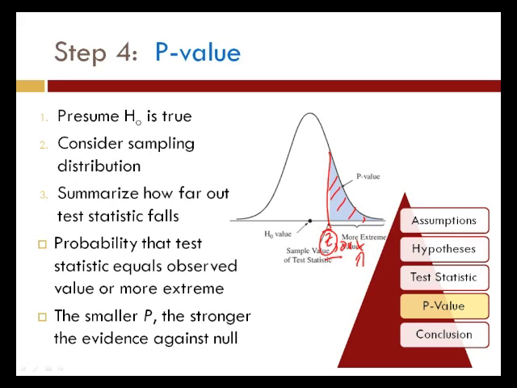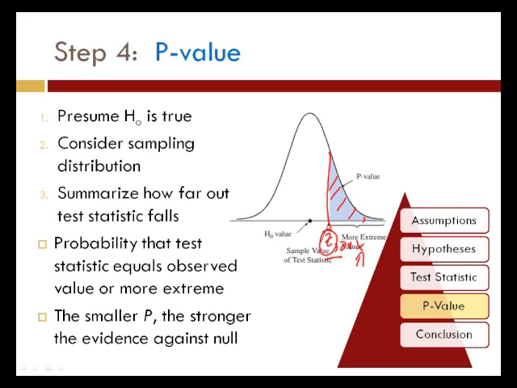And that area literally represents how likely we are to have data that's as extreme as it is, if our null is actually true. So it assumes the null is true. What's the probability that our data would look like this? And if it's a very small probability, we're probably going to reject the null. Because the smaller the probability that our data is that extreme, the smaller the probability that the null is true.